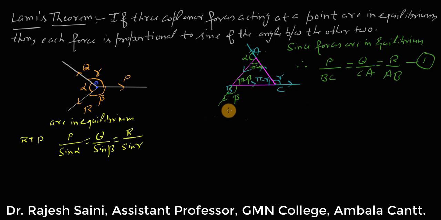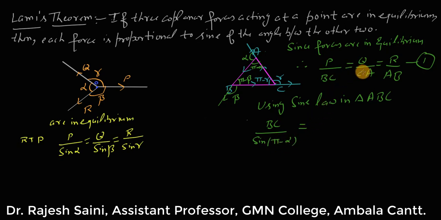Now we'll apply the sine law in triangle ABC. So as to make the symmetry, I'm going to take first BC. Sine law states that BC over sine of the opposite angle, so this is sine pi minus alpha.